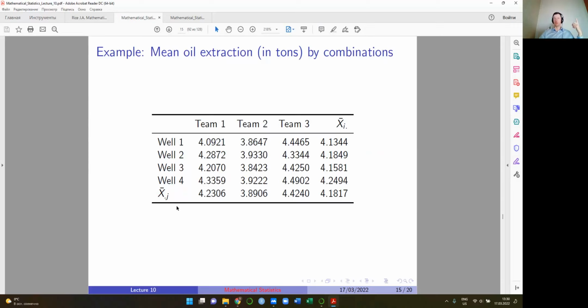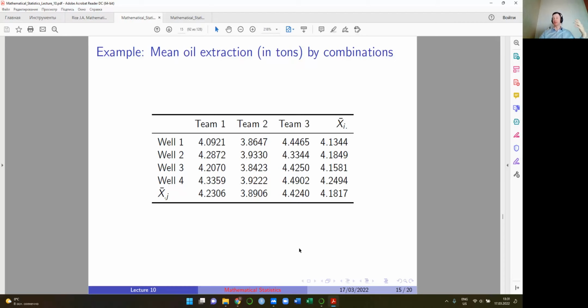So be careful, those are not totals, those are averages over one factor's levels and over the other factor's levels. And we see that well 4 on average produces more than others, while team 2 on average gives lower productivity. But again, those are random observations, those are random numbers.